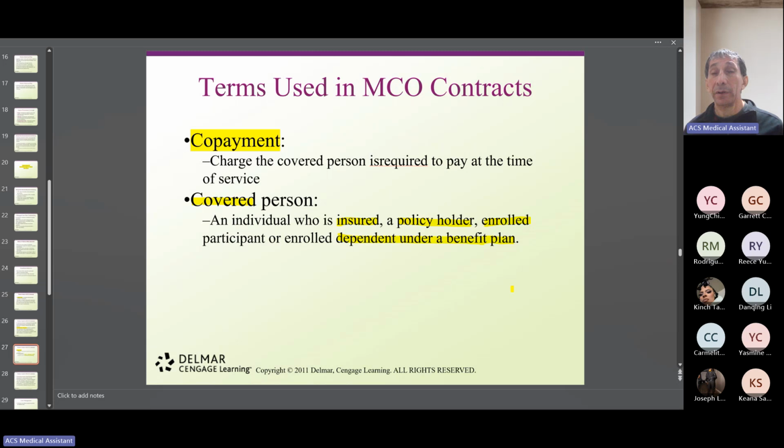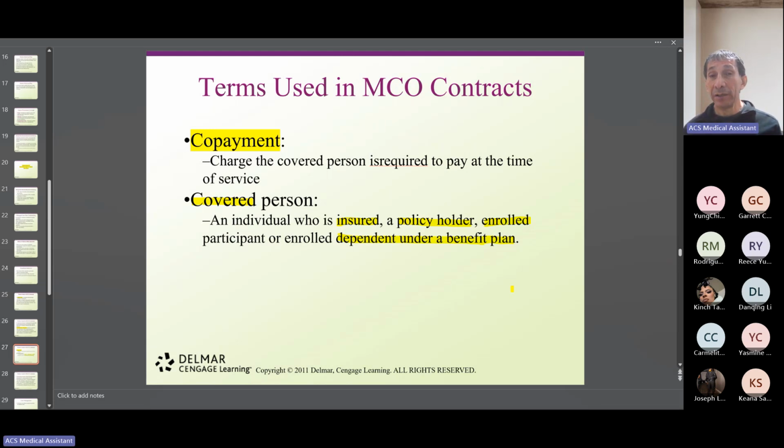So when you are the covered one, when you are the insured one, when you are the policy holder, then your name is going to be there on that insurance. You are the primary policy holder. Other than that, you will be a dependent.